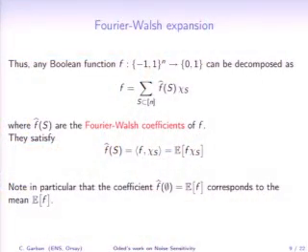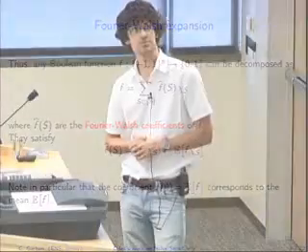So doing Fourier analysis on the hypercube is just projecting your function on each of these 2 to the n characters. This gives you Fourier coefficients. For example, the Fourier coefficient corresponding to the empty set is just projecting to the constant, so this is the average.